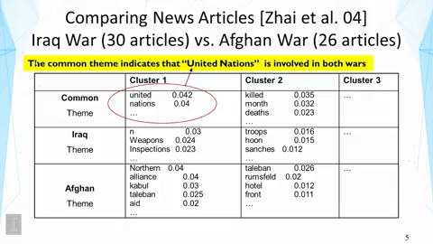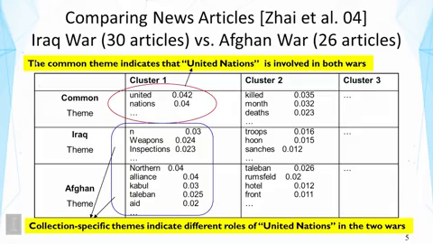If you look at the column further, what's interesting is that the next two cells of word distributions actually tell us collection-specific variations of the topic of United Nations. So it indicates that in the Iraq War, the United Nations was more involved in weapon inspections, whereas in the Afghanistan War, it was more involved in maybe aid to the Northern Alliance.